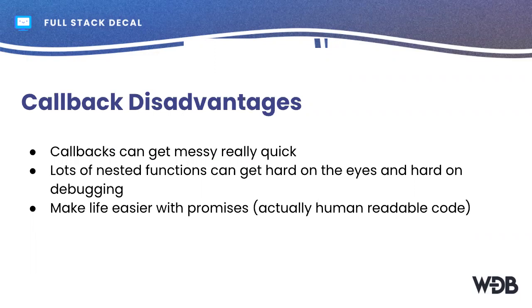You know, you have all these nested functions, they're calling each other, you have to put them as parameters into each other, and it gets really messy, really hard to read, especially when you're debugging your code. Yeah, lots of nested functions can get hard on the eyes and hard on debugging. And so you can make your life easier with promises, which will try to make your code actually human readable. And we can see an example of that in a few slides.